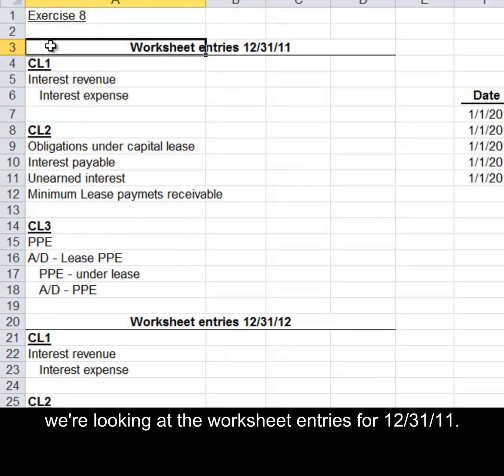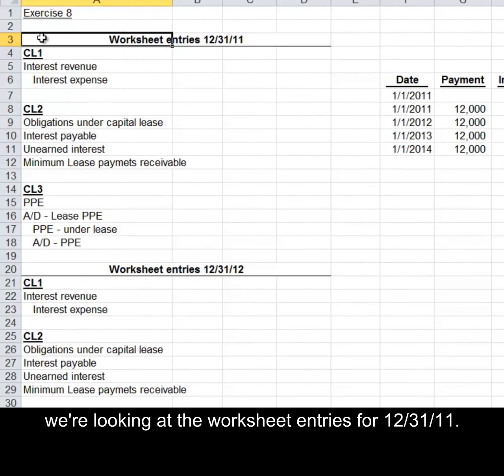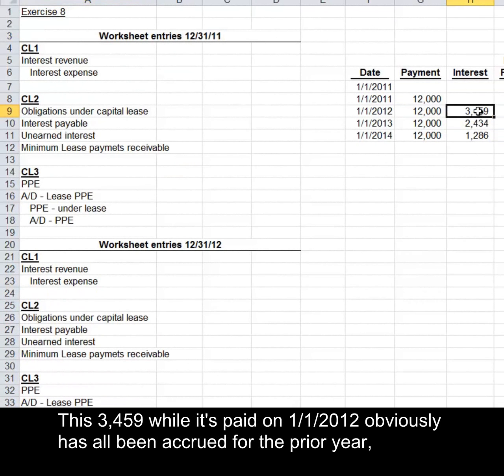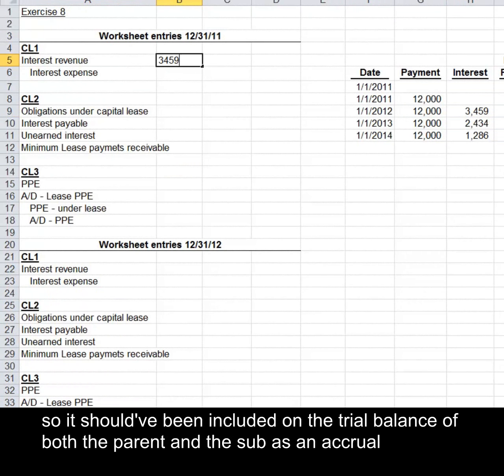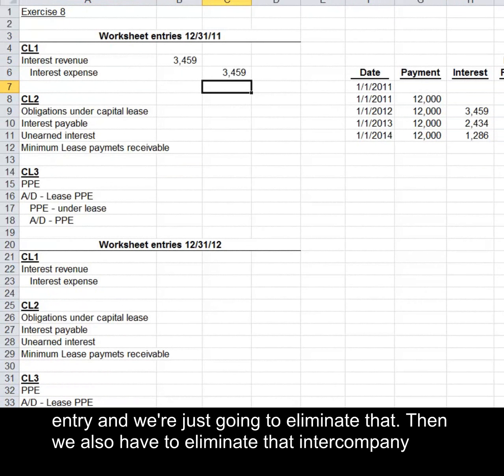So we're looking at the worksheet entries for 12/31/11. This $34.59, while it's paid on 1/1/2012, obviously has all been accrued for the prior year, so it should have been included on the trial balance of both the parent and the sub as an accrual entry, and we're just going to eliminate that.